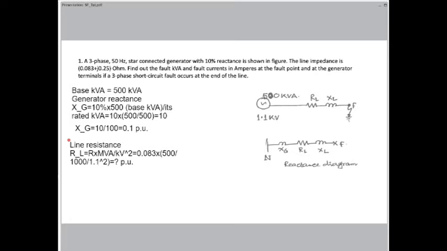Can you tell me, anyone? 0.0343. Anyone else? I see many of you are present in this one.